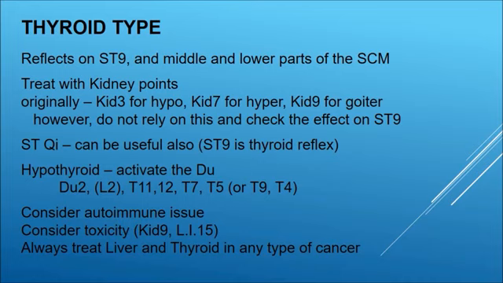Note that Kiiko expresses this combination as DO 2, Mingmen, T11, T12, and T9 and T4, rather than T7 and T5. If there is an autoimmune issue, like Hashimoto's, it is important to address that also. If there is toxicity, kidney 9 and large intestine 15 should be considered.